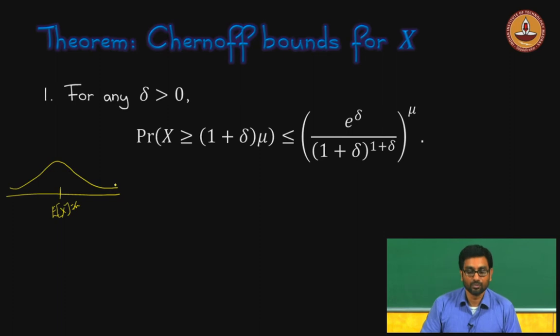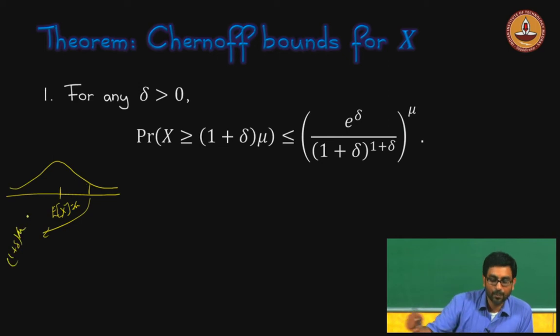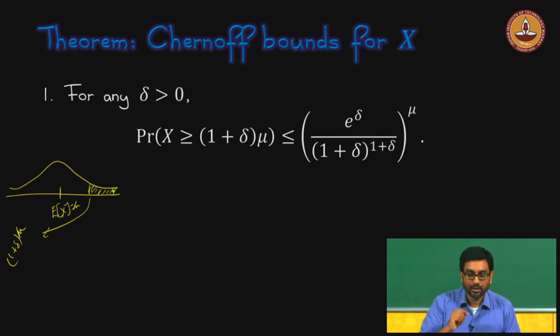You have some distribution, and let's say this point is 1 plus delta times mu. We are asking what is the probability that x will fall in this right tail, and that is at most this right hand side quantity, e to the delta divided by 1 plus delta raised to the 1 plus delta, the whole raised to the mu.